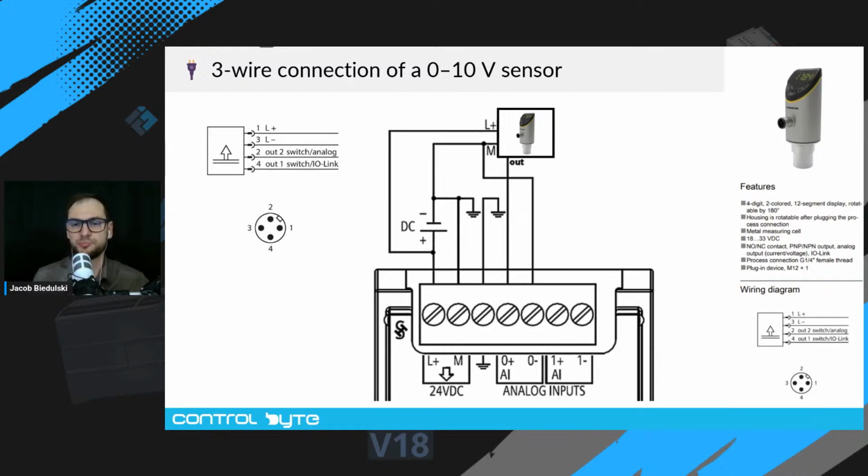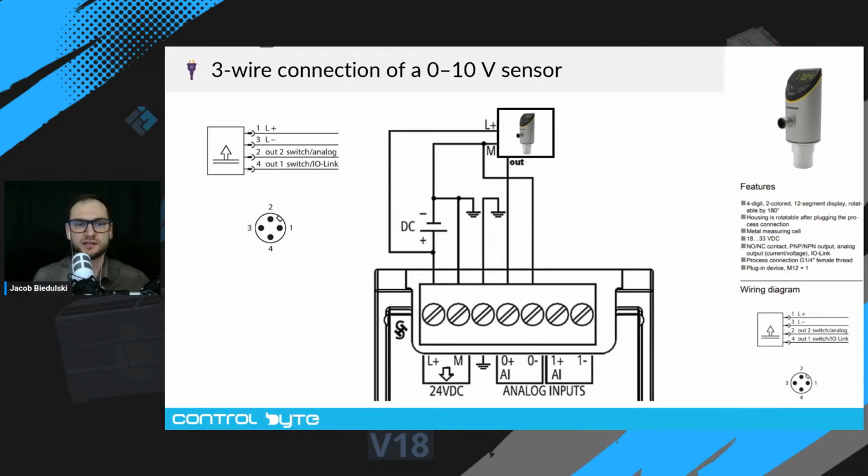And this is a piece of documentation that you will see in almost every standard industrial sensor. So you will see the features and the wiring diagrams. When the sensor comes with a connector, you can also see the pinout of the plug or the socket, okay?